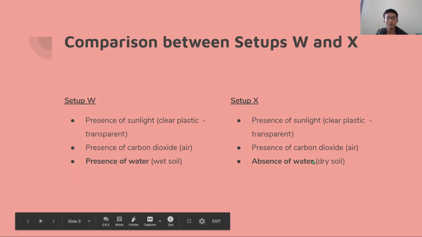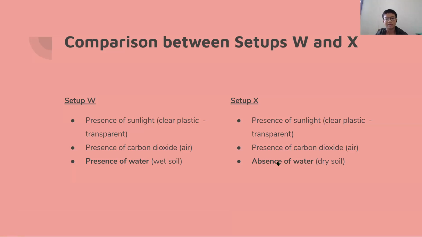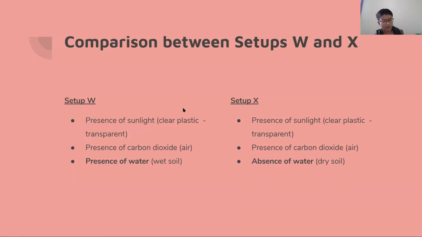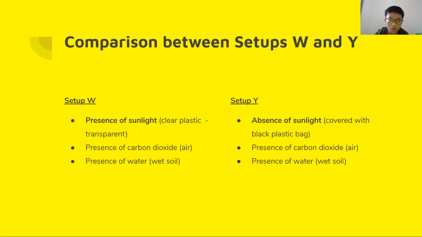Thus, there is no water in this setup, meaning that it has an absence of water. So the main difference between setups W and X is that setup W has a presence of water, whereas setup X has an absence of water.